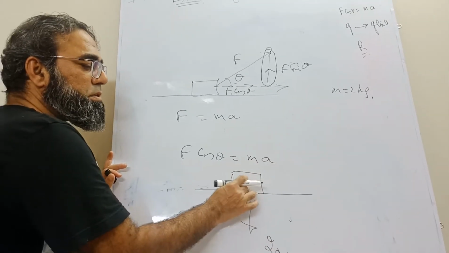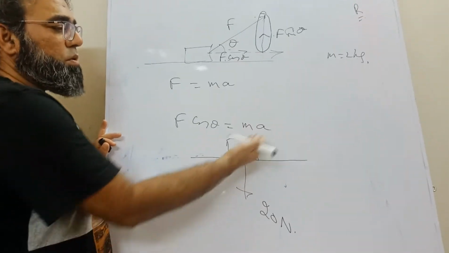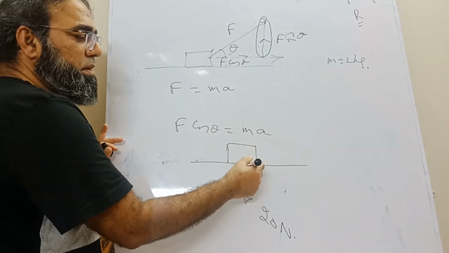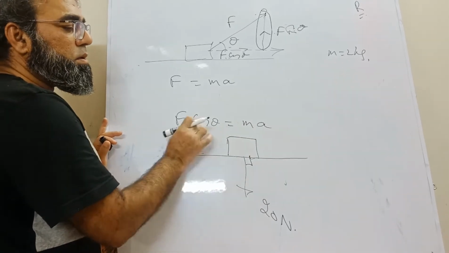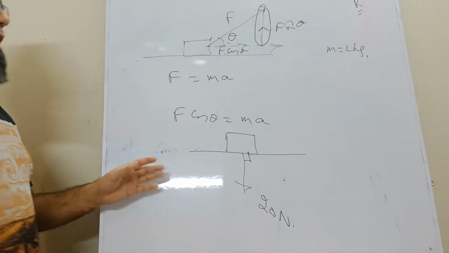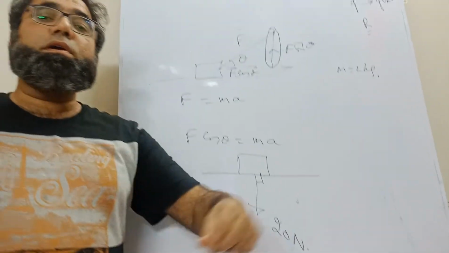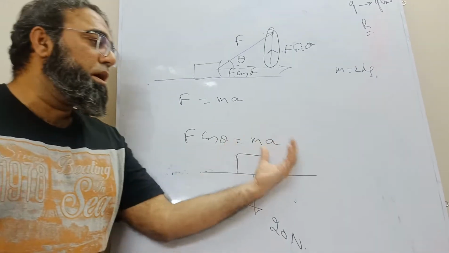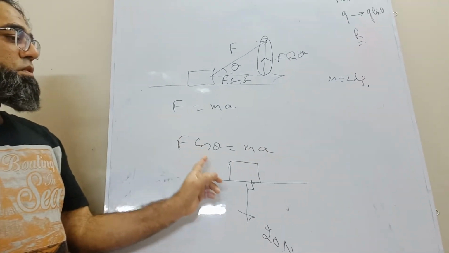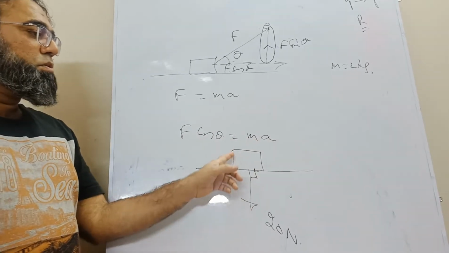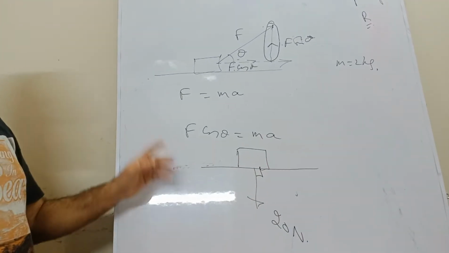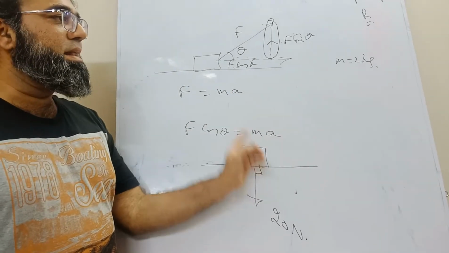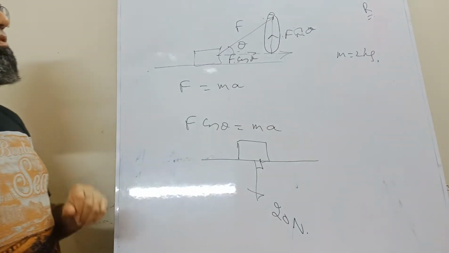So what is the impact of this 20 on the acceleration? This angle is a right angle, and you know that cos 90 is 0. So note down that a force which is perpendicular to the direction of motion has no impact on the acceleration. The force has to be parallel to the direction of the motion.